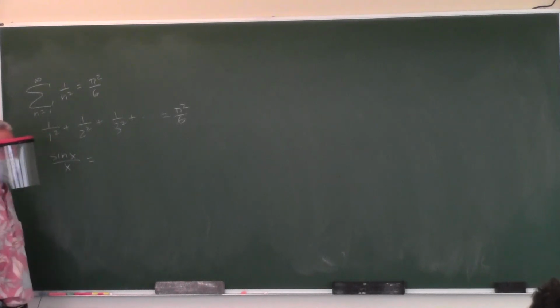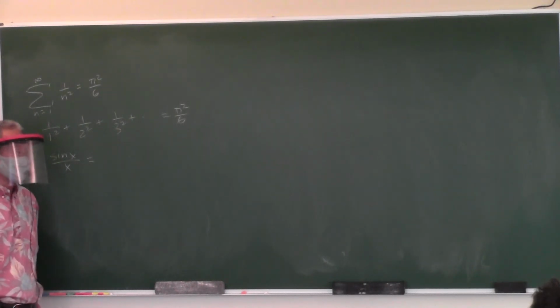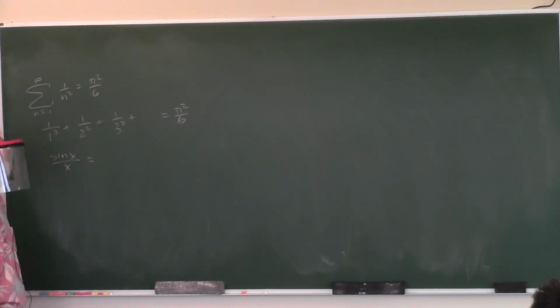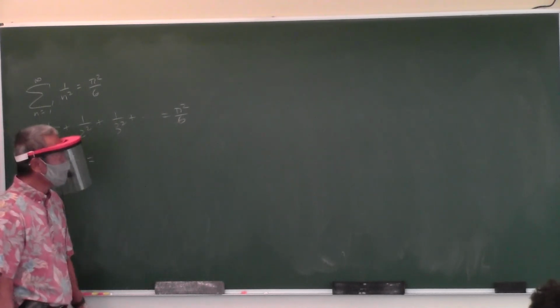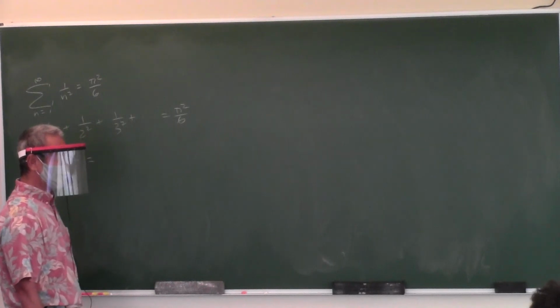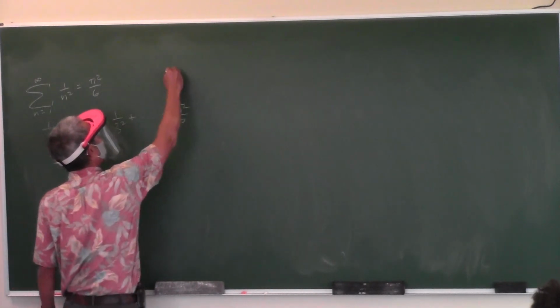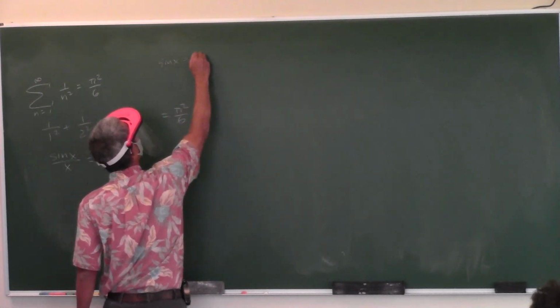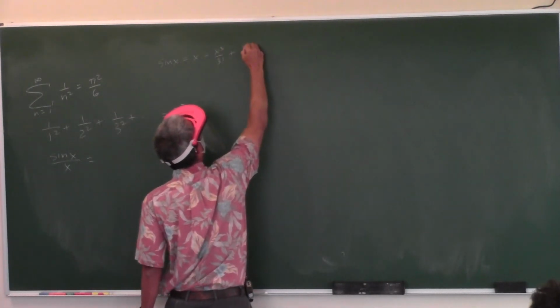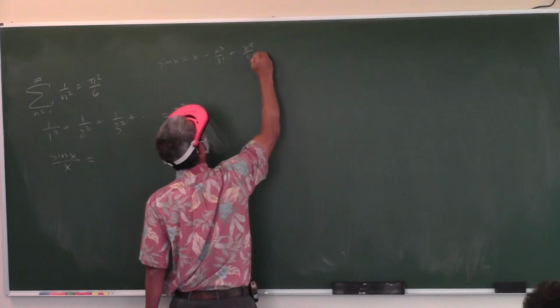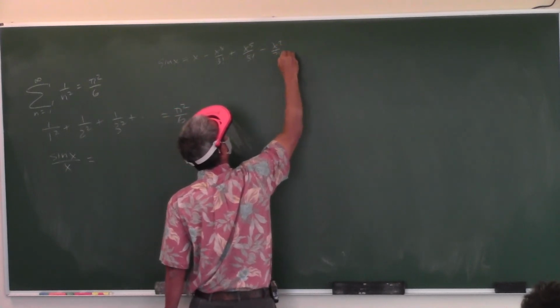What is the power series for sine? You guys remember that at least? Come on, you all got 5s on the AP exam, right? x minus x cubed over 3 factorial. Very good. So sine x is equal to x minus x cubed over 3 factorial plus x to the 5th over 5 factorial minus x to the 7th over 7 factorial.